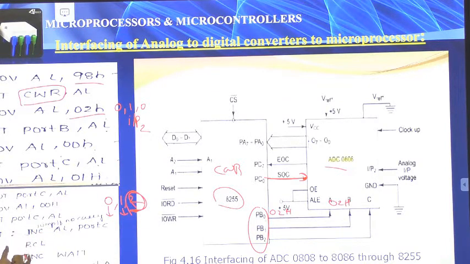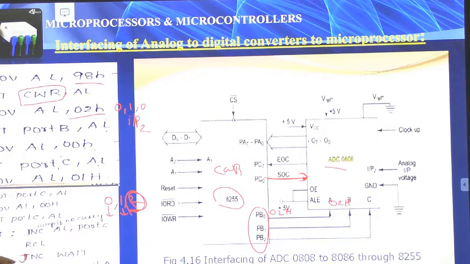Jump if no carry, wait state, and increment. If there is no carry, it will not wait; with jump no carry, it will wait. If there is a carry, it goes to the same steps. If there is no carry, it comes to input port A, AL.